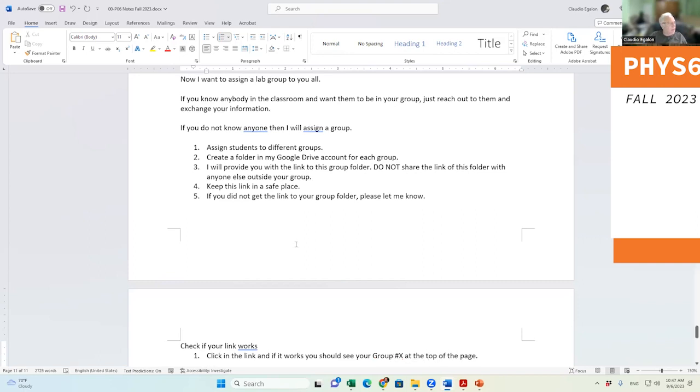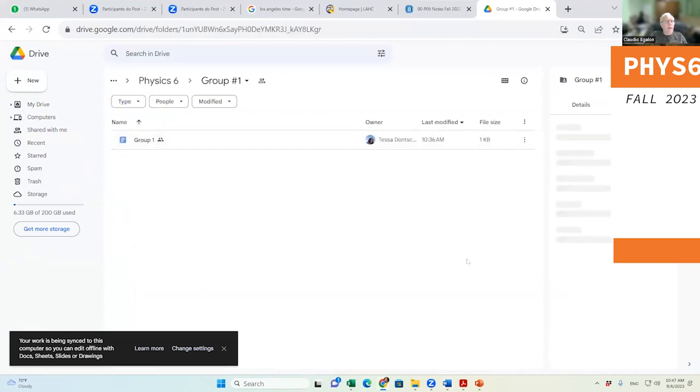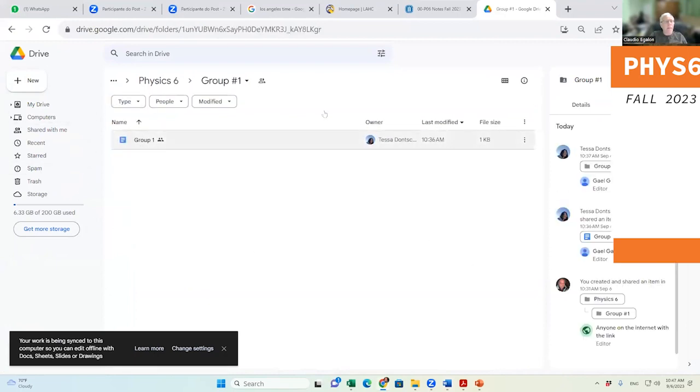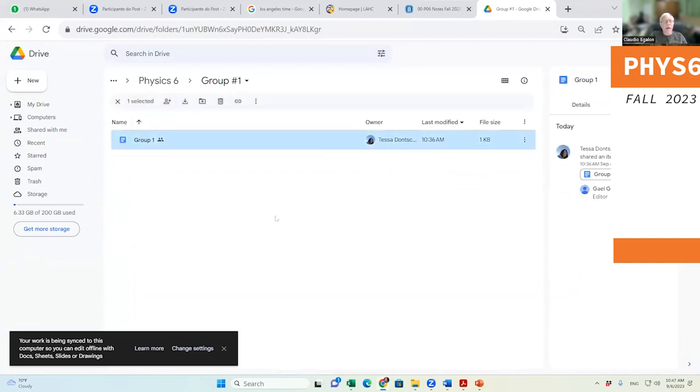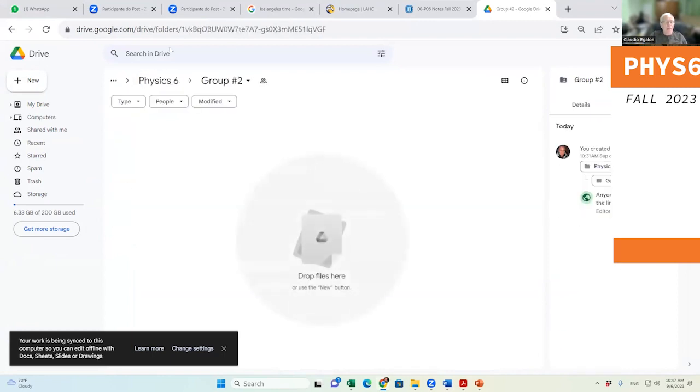So I'm going to show you exactly what you're supposed to see. If you're group number 1, when you click the link, you should be able to see this folder, right? That already has a file uploaded in there. If you're group number 2, you should see this window with group number 2 at the top. Group number 3, same thing.